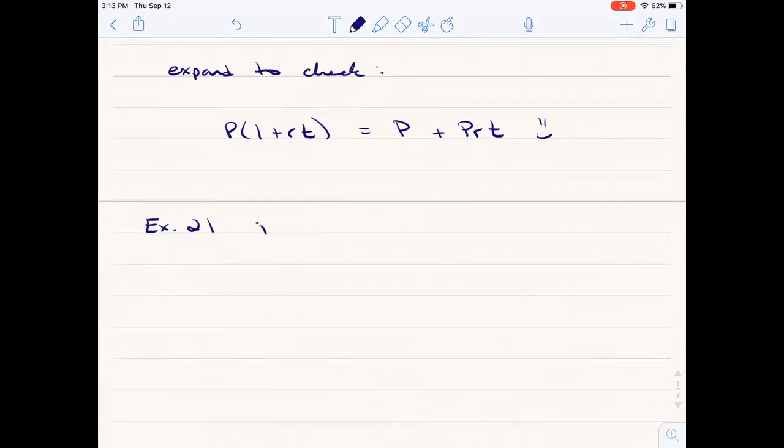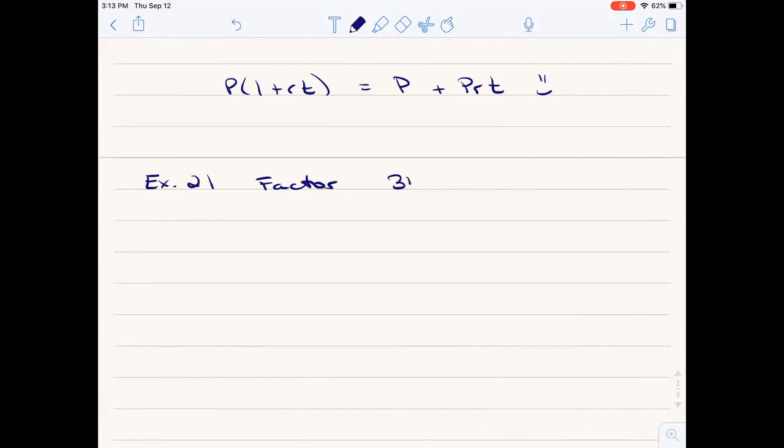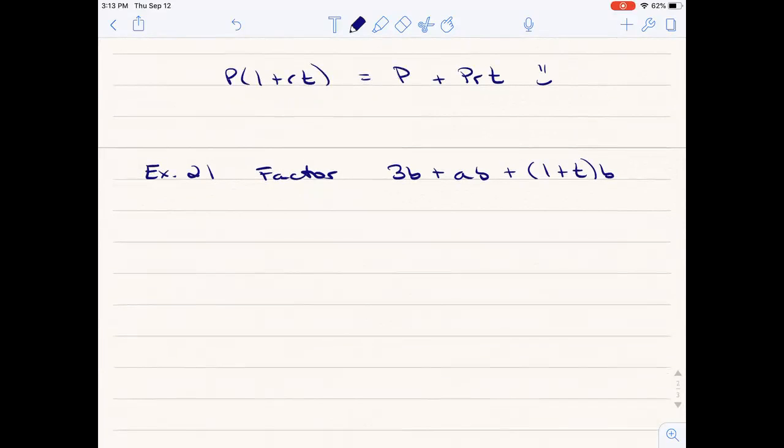What if I asked you to factor 3b plus ab plus 1 plus t times b? So you start and you just have a look. I think at a glance, we all see that there's that common b, right? But we have to be careful so that inside our brackets, we have what we need. So it'll stay the same, right?